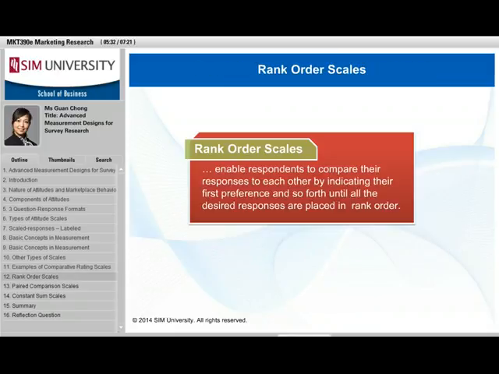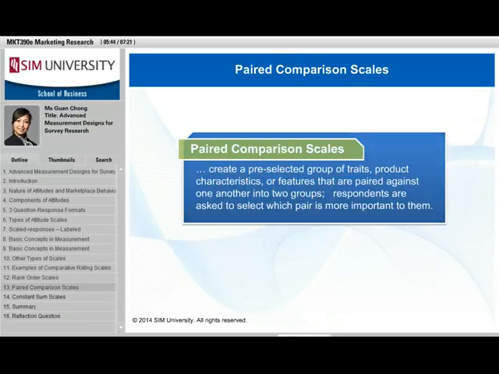Rank order scales enable respondents to compare their responses to each other by indicating their first preference and so forth until all the desired responses are placed in rank order. Paired comparison scales create a pre-selected group of traits, product characteristics, or features that are paired against one another two at a time. Respondents are asked to select which is more important to them.